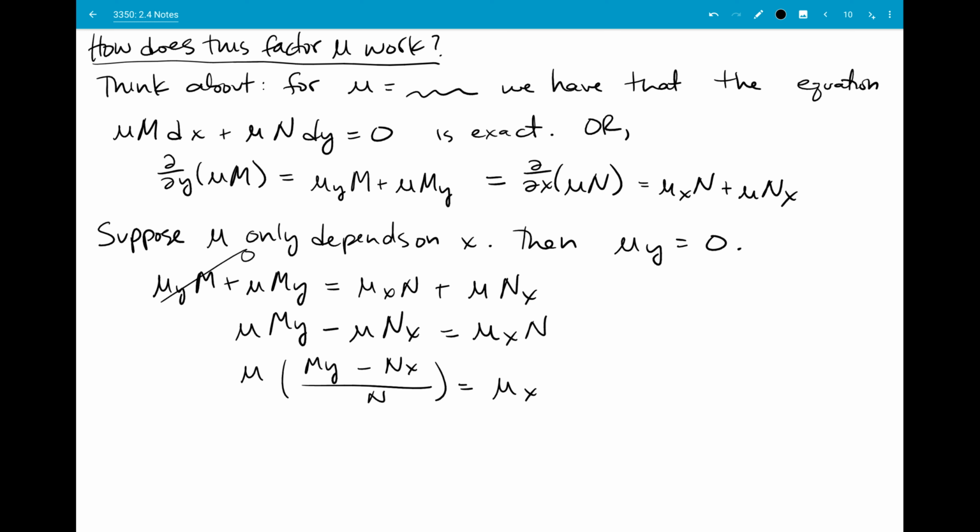Here it's important to note that mu sub x is d mu dx. So really what I have is that d mu dx is equal to (M sub y minus N sub x) over N times mu.